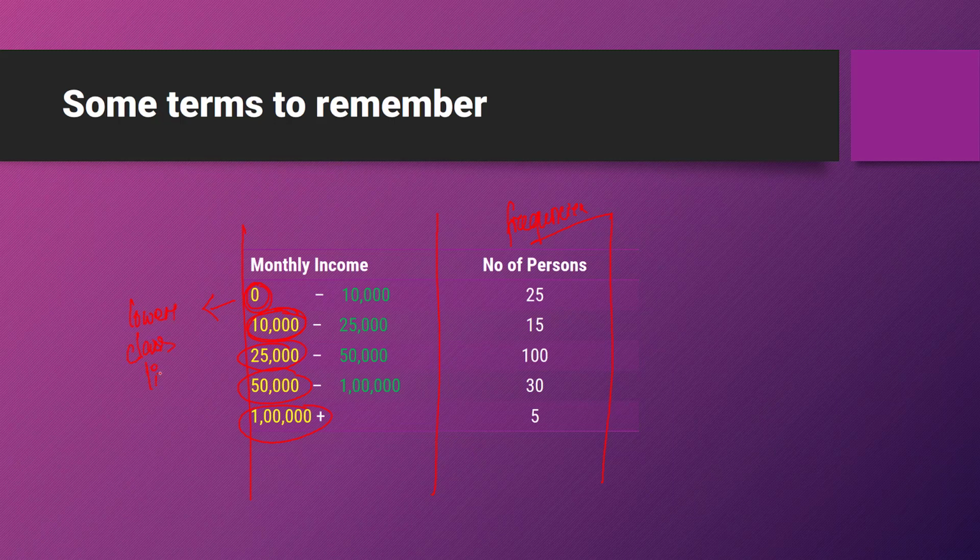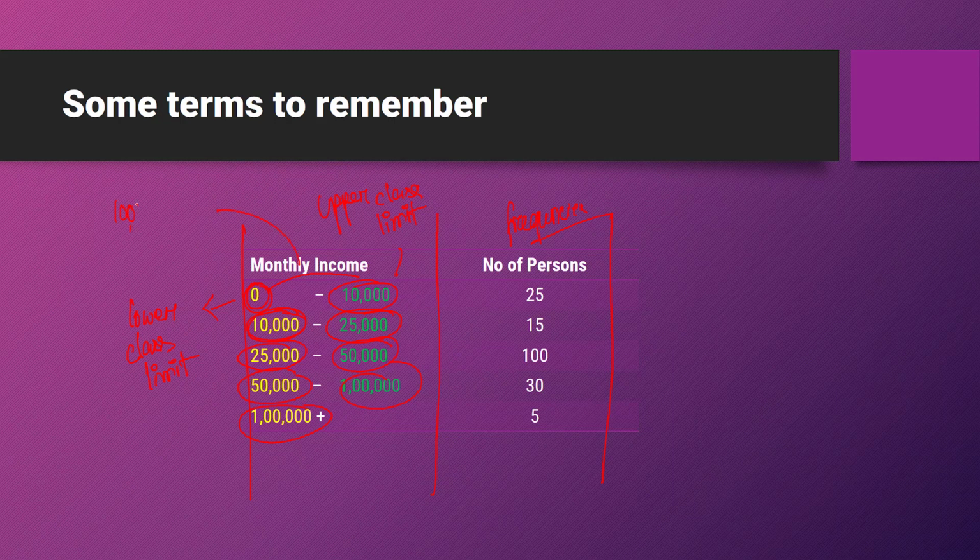And the values towards the left of this range are called lower class limit. And the values towards the right, the green ones, are called upper class limit, right? The difference between 0 and 10,000 will be 10,000.